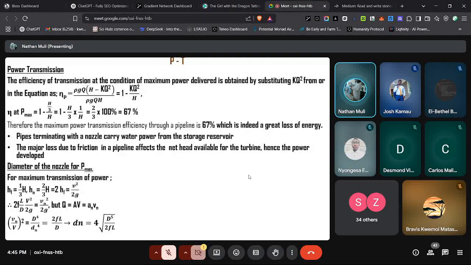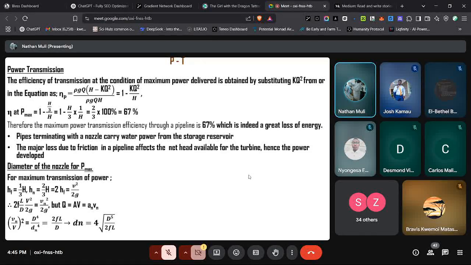Pipes which are terminating with a nozzle will usually carry that water power from the storage reservoir to whatever end will be striking the buckets of a turbine. Okay?